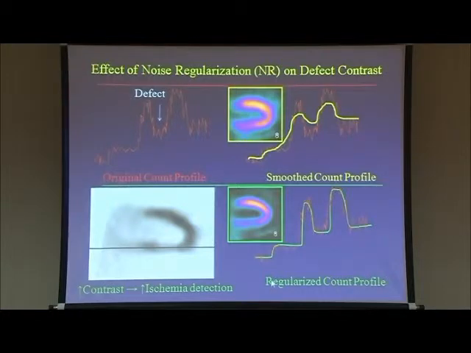Now, noise regularization is not filtering. It is modeling the response of the system, which is specific to the activity and the number of counts that you're getting. And look what happens now. We are replacing the noisy count profile with a smooth count profile, but going through the middle of the count profile.